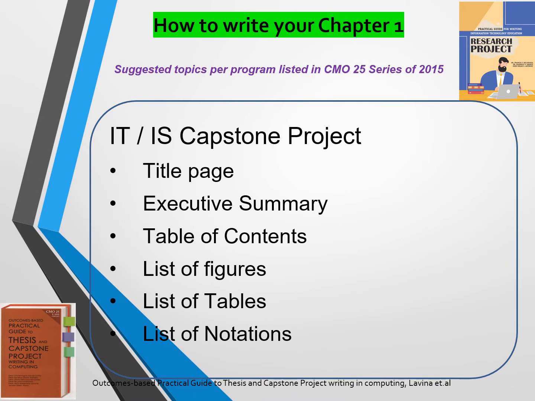For the IT and IS Capstone Project, the suggested documentation format is as follows: title page, executive summary, table of contents, list of figures, list of tables, list of notations.